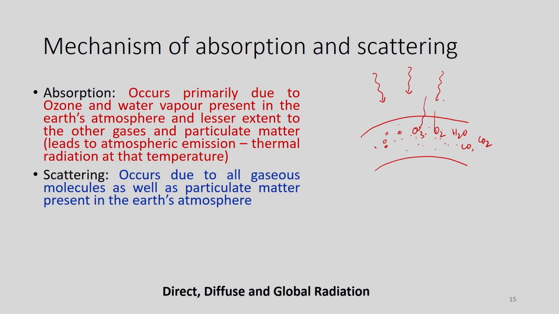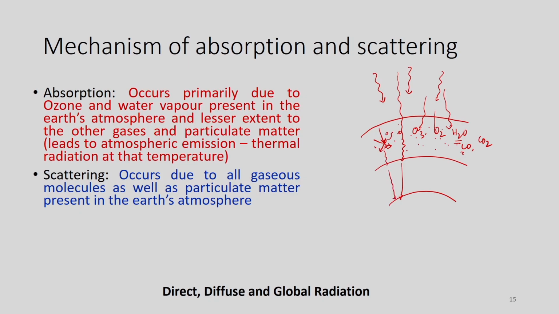UV is absorbed here, then at different wavelengths radiation is absorbed in different molecules. And there are some radiations which are unaffected by the earth atmosphere, and they fall directly on the earth surface, and some radiations which are diffused, travel in all directions, and their intensity is reduced.